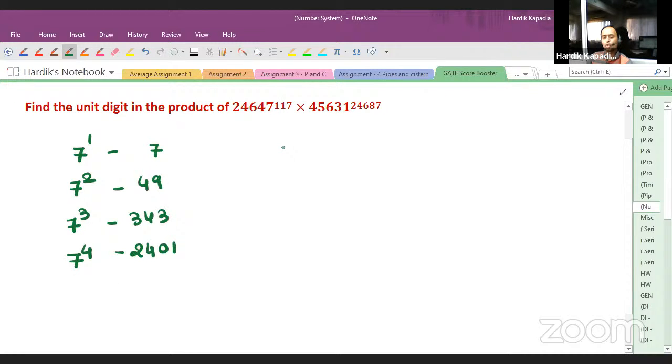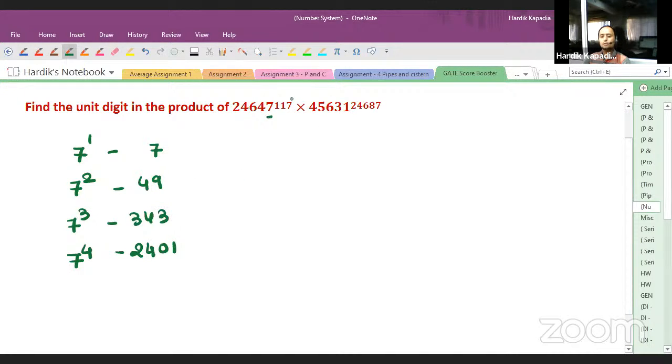Now if you go beyond this, 7 raised to 5, 6, 7, 8, the unit digit will repeat as 7, 9, 3, 1, 7, 9, 3, 1. So for 7, 17, 217, 327, 12437, for any such number, the unit digit repeats as 7931, and so on. So now you need to find only for this 7.